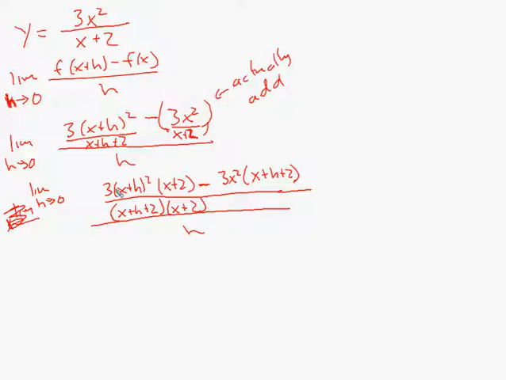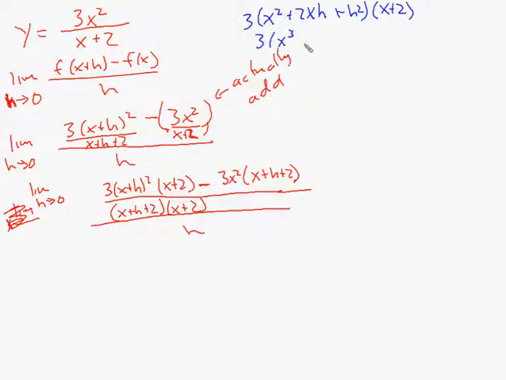This times that, plus xh squared. This times that, plus 2h squared. And then I multiply it all by 3. 3x cubed plus 6x squared plus 6x squared h plus 12xh plus 3xh squared plus 6h squared.